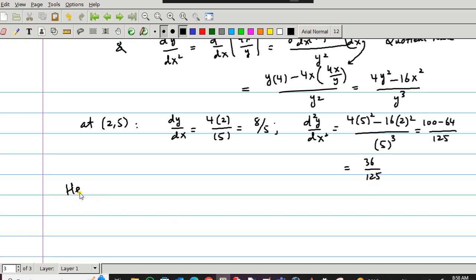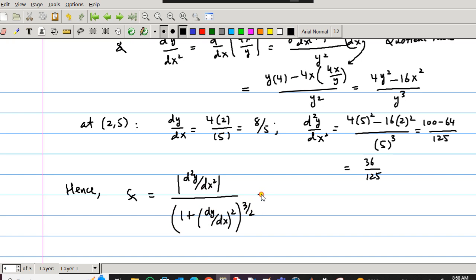So hence your curvature will be d2y by dx square divided by 1 plus dy by dx whole square to the power 3 by 2.